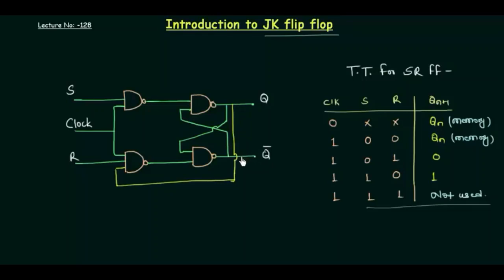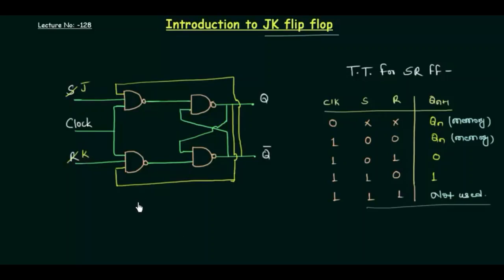Similarly, I will take Q complement out and give it to the NAND gate in which S is acting as one of the inputs, like this. So this is our JK flip-flop. Now I will write S as J and R as K.